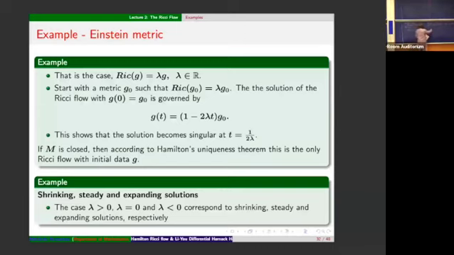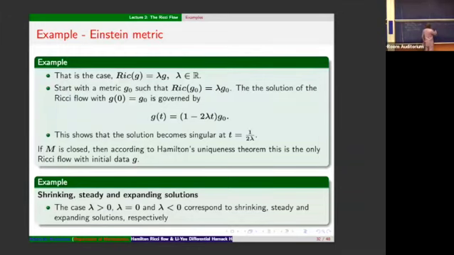Then let's have the Ricci flow equation. Differentiate this. What do you have? With respect to time, this G naught is the initial metric, at t equal to 0. It's constant. It's only the parameter that you have here to rescale this that depends on t.